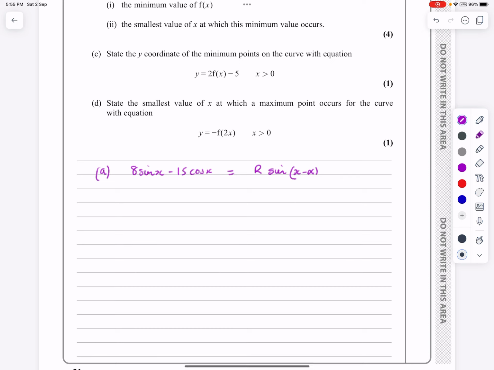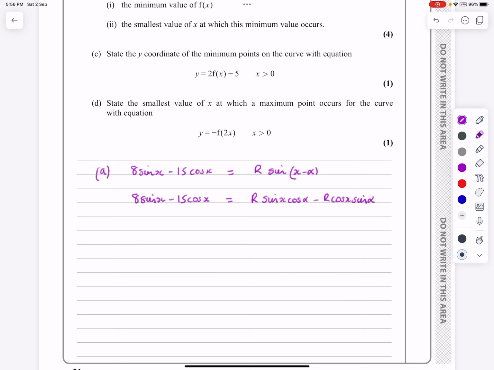Well, hopefully you've done lots of these. This is 8 sine x minus 15 cos x equals, sine A minus B is sine A cos B minus cos A sine B. So this means that on the right hand side we can have R sine x cos alpha minus R cos x sine alpha.